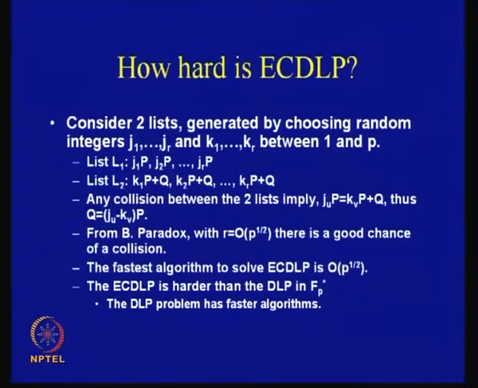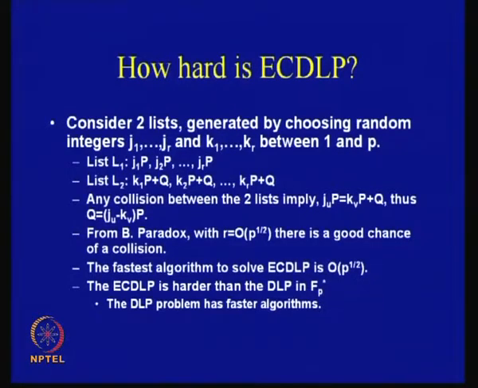If you remember, if you want to factorize a large composite number and you apply Pollard's rho kind of algorithm, then if n can be factored as P into Q, the complexity of that was O of root P, and P is of the order of root n.